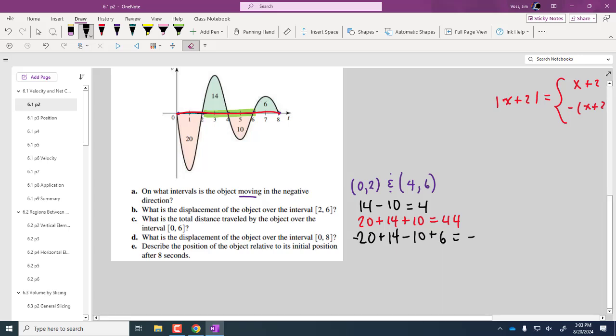Do we get negative 10? So do we know where the ball is on the number line after 8 seconds?